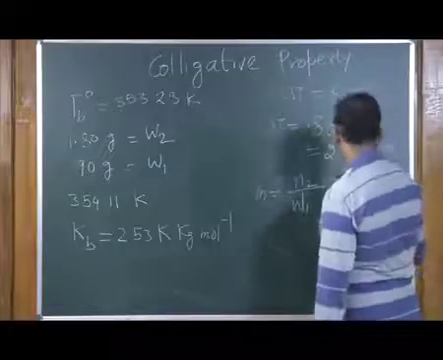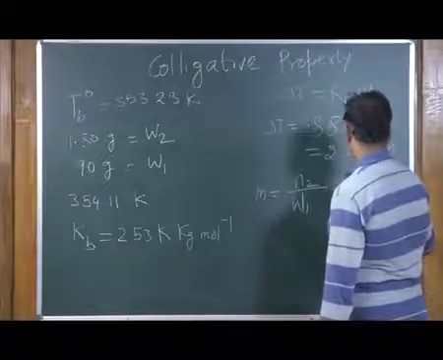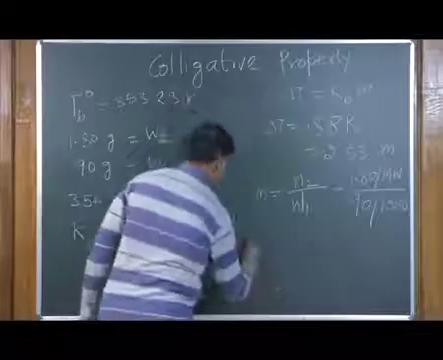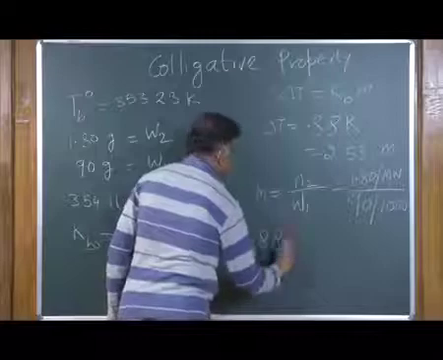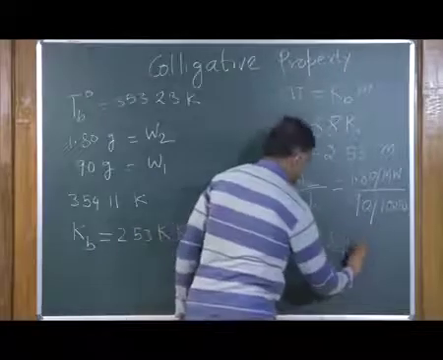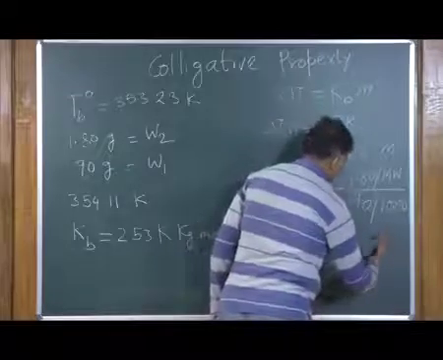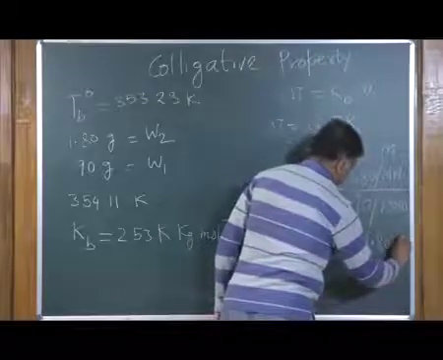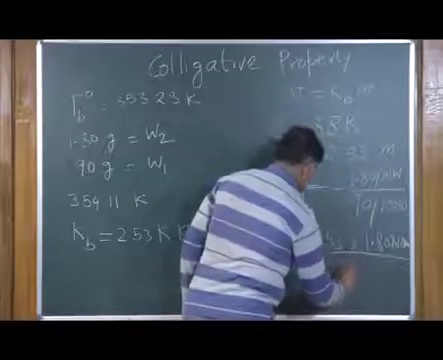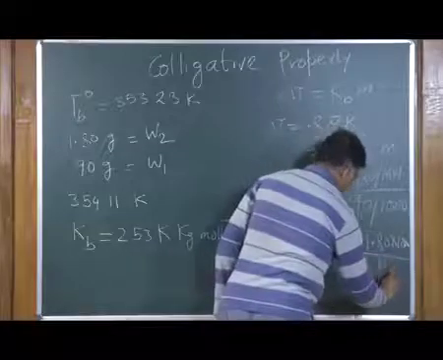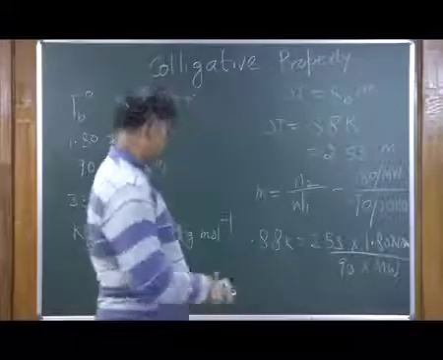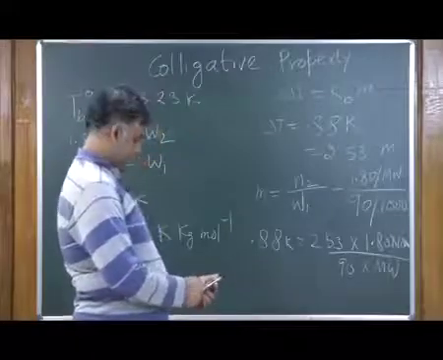Now we have all the information, we just plug it in and we get our equation. So, the equation is going to be 0.88 Kelvin is equal to 2.53 into 1.80 into 1000 divided by 90 into the molecular weight of the solute.